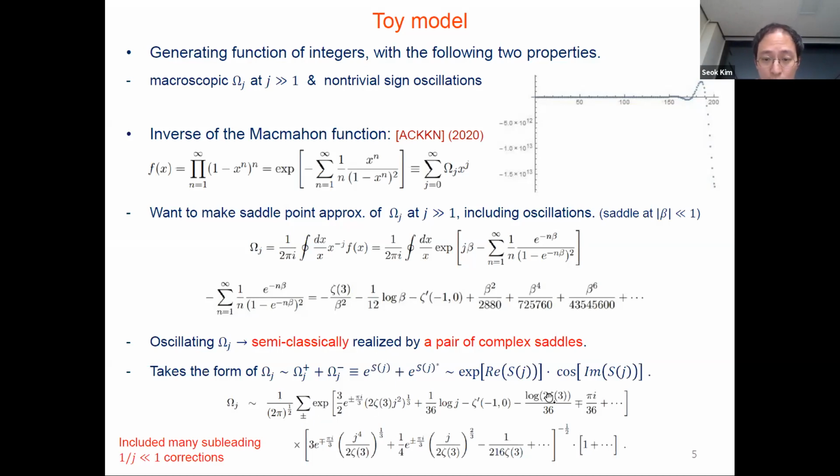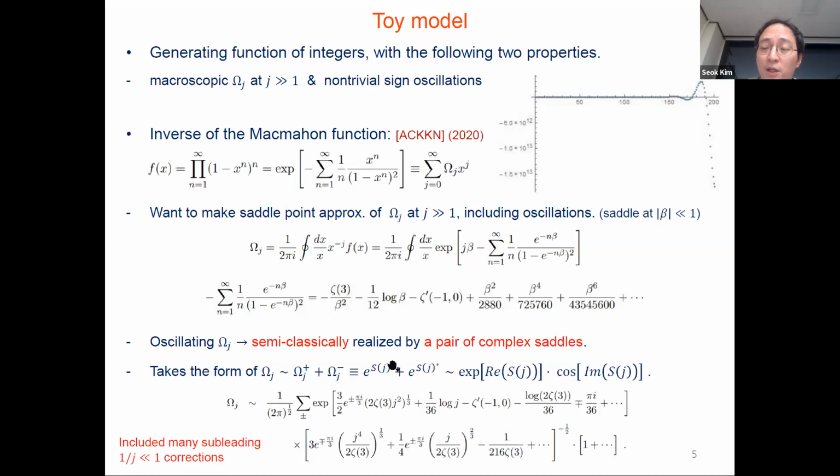Actually, this is the log of this complicated expression. You add these two terms. The conjugate pair term has an exponential of the complex conjugated formal entropy function. So if you add these contributions, you get two factors. First of all, the real part of this saddle point entropy function is common. You get an envelope function, which is the exponential of the real part of this formal entropy function.